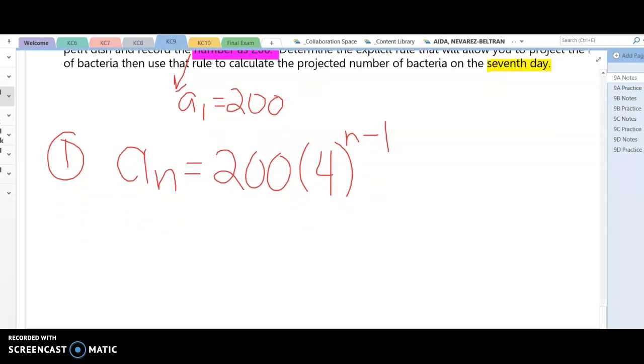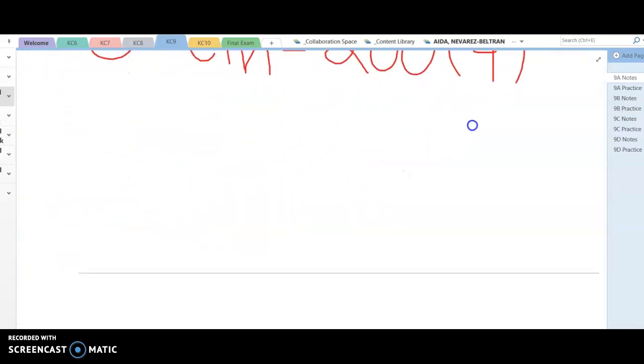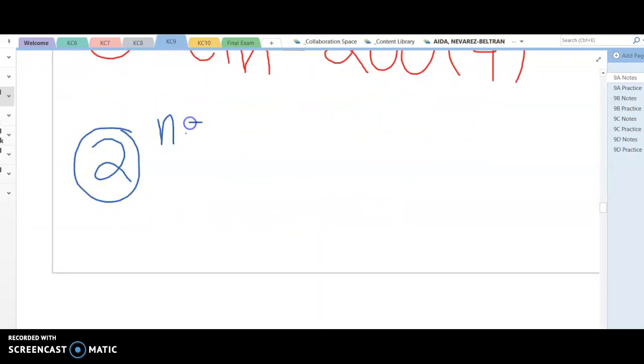When it says on the 7th day, that means we need to figure out the number when n equals 7.